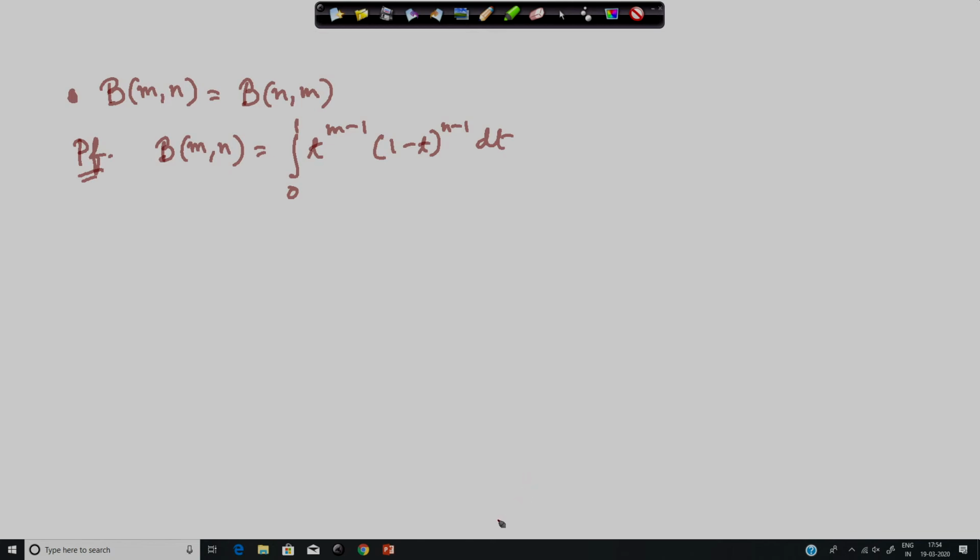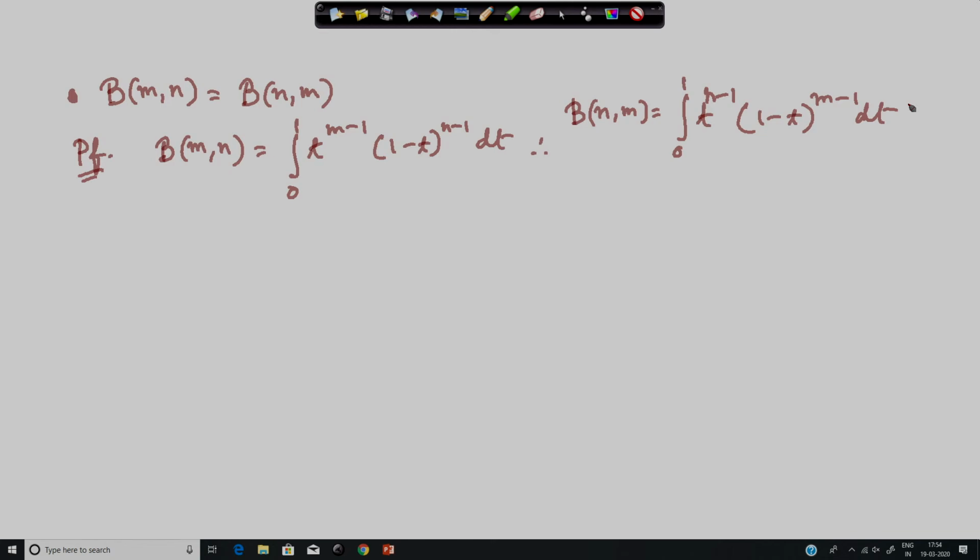Then beta n m will be the integral from 0 to 1 of t to the power n minus 1 times (1 minus t) to the power m minus 1 dt, where in place of m we write n, and in place of n we write m. To prove that beta m n equals beta n m, we need to substitute.